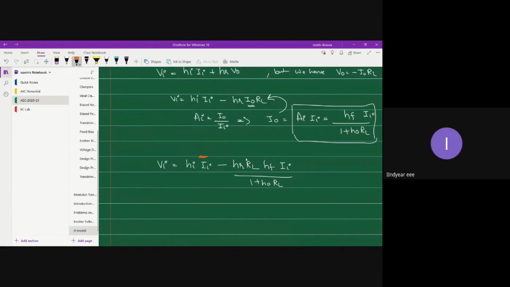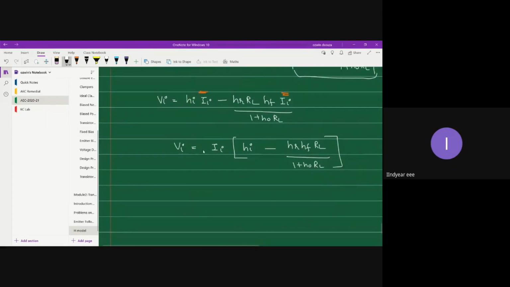See, Ii is common, so take it out and take the ratio Vi by Ii. That's how we do it in all our derivations. So Vi is equal to Ii times Hi minus Hr Hf RL divided by 1 plus Ho into RL.